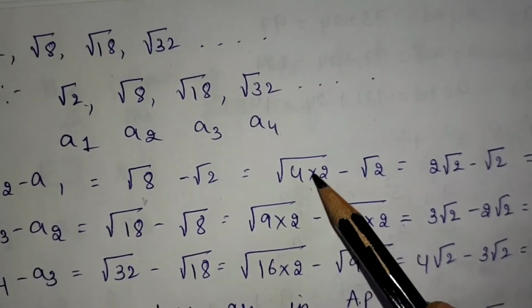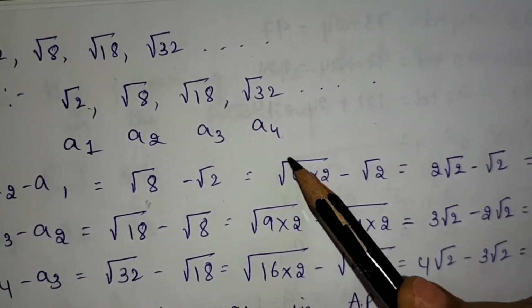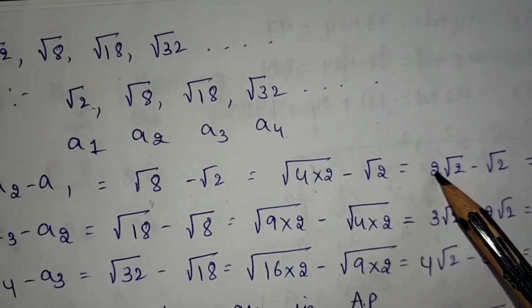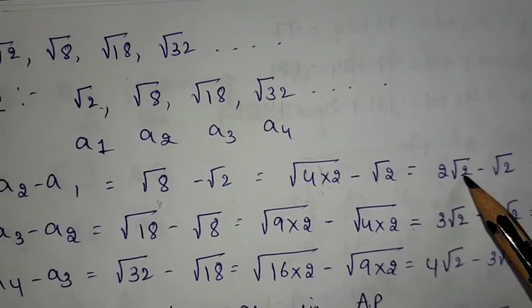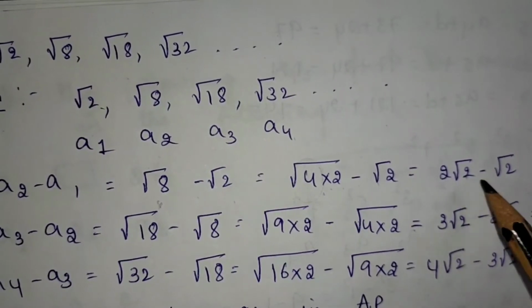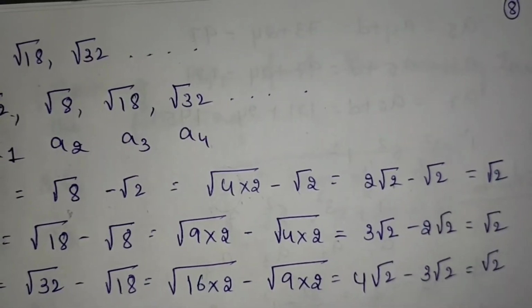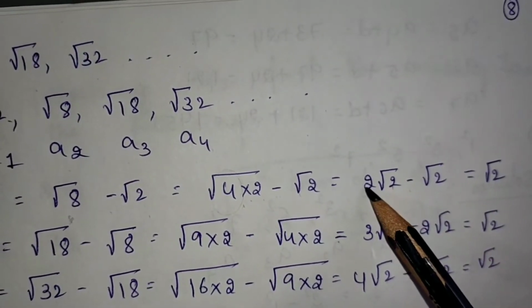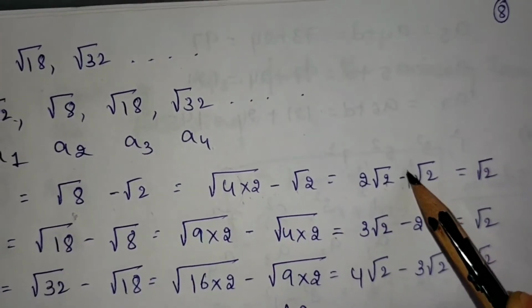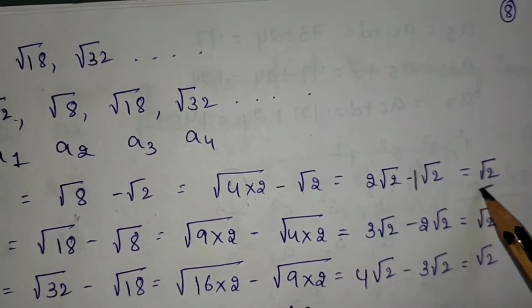Root 4 means 2, I'll take it out and you are left with root 2 minus root 2 again. If you observe, 2 root 2 minus 1 root 2, you'll get the answer root 2.